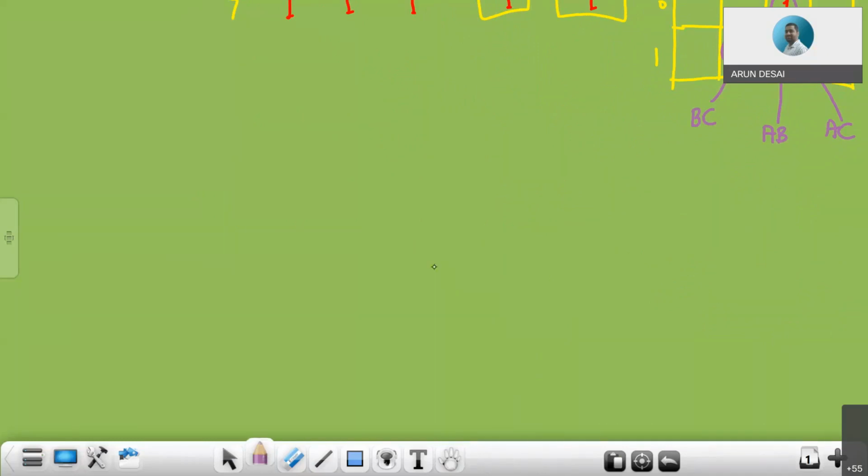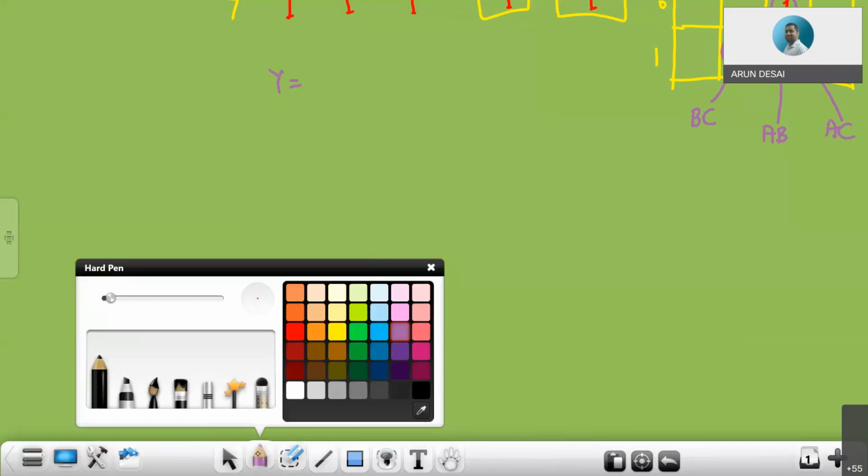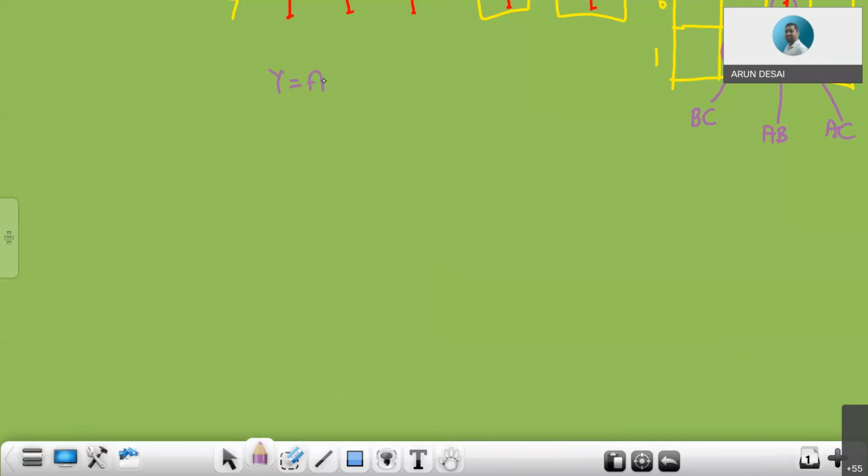Okay, so next is how to design a circuit for that expression. Expression for sum is A complement B C plus A complement B complement C plus A B C complement plus A B C. This is the expression for sum.